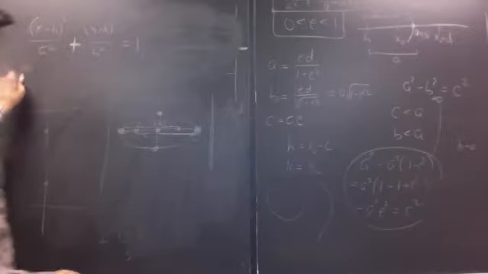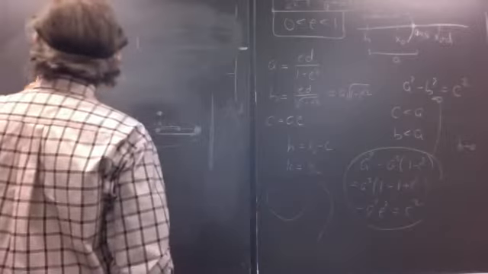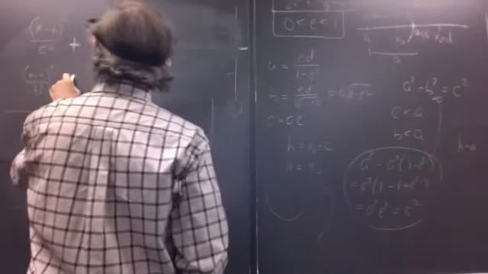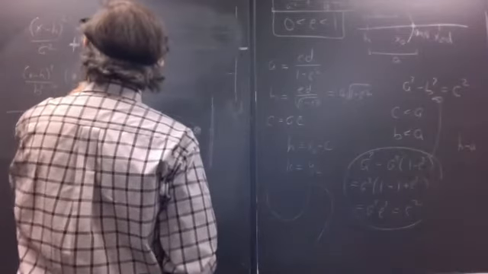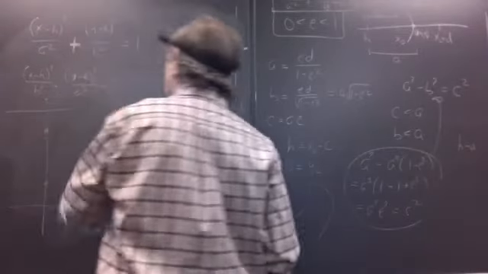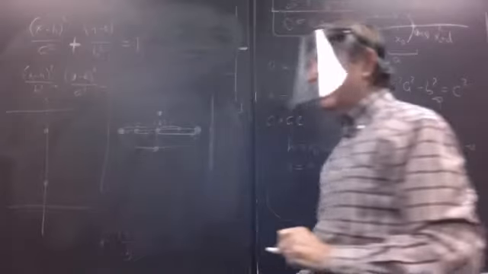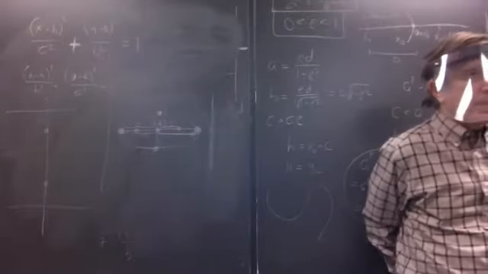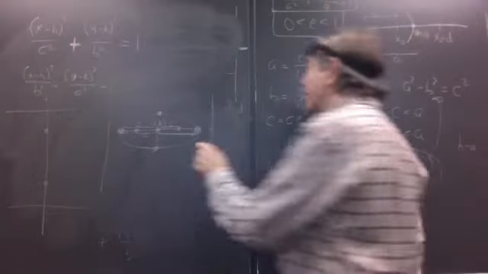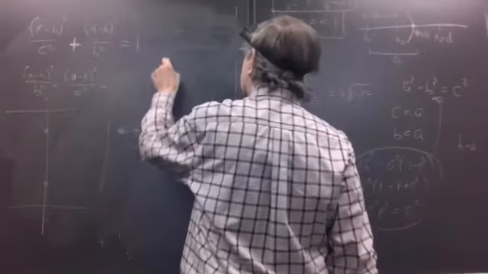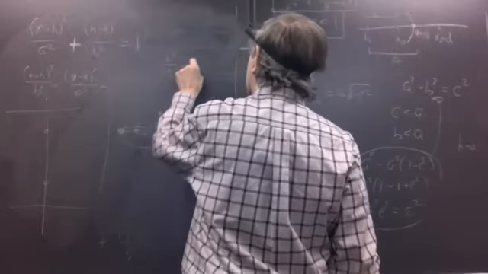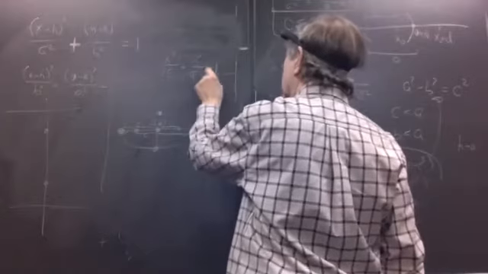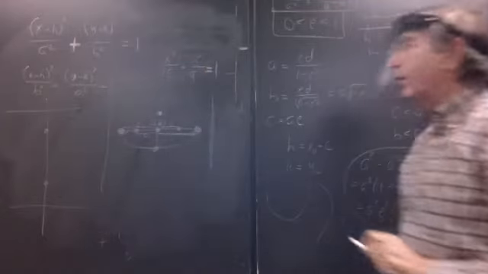What you will get is (x minus h) squared over b squared plus (y minus k) squared over a squared equals 1, and the a is bigger than the b. So if I had x squared over 16 plus y squared over 9 equals 1, what do you know about that equation?